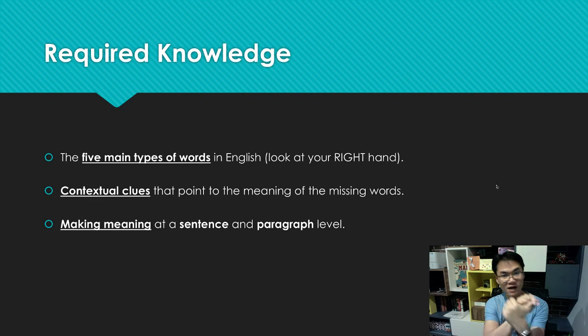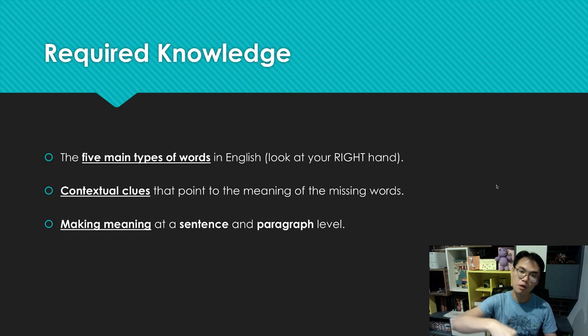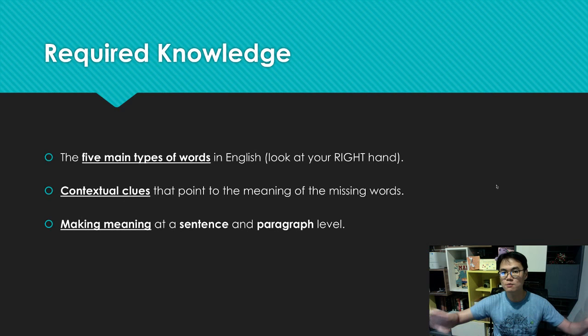First thing being the 5 word types, second thing being the contextual clues, and third thing being checking the meaning of your sentence and paragraph as you read it. Now, after you plop a word into that blank, it's going to add to the meaning of that sentence. When you put a word into a sentence, always read the sentence back to yourself to check that the meaning is logical.